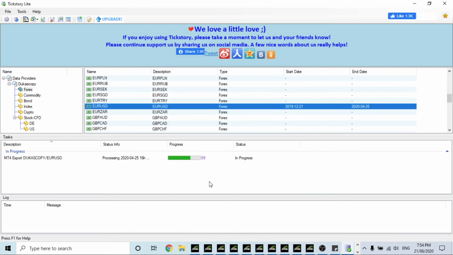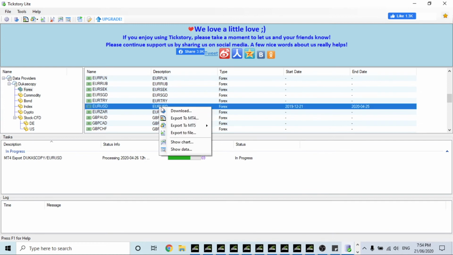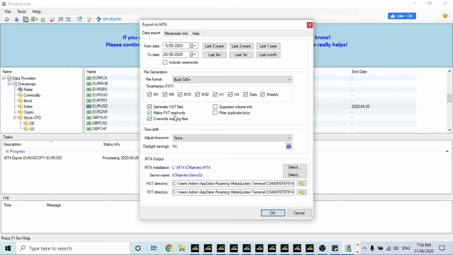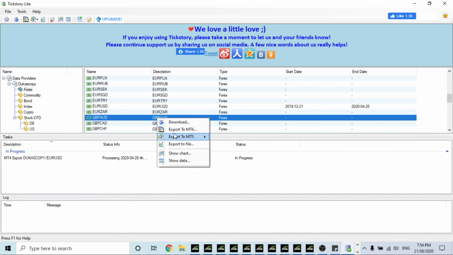Hit OK, and then all you do is you load up Forex, EURUSD for example. You just hit export to MT4. I'll just do the last 6 months, and then you just hit OK, and I'll leave everything else as is. So just to show you, we'll do pound AUD.